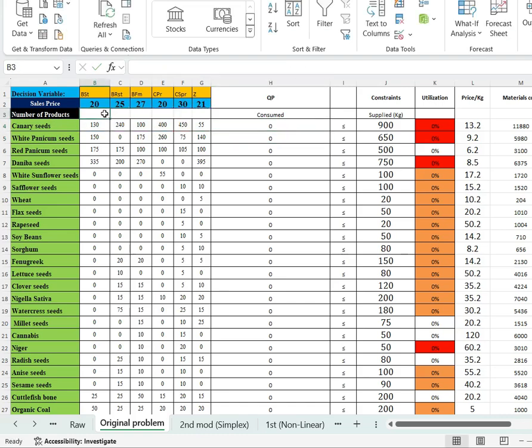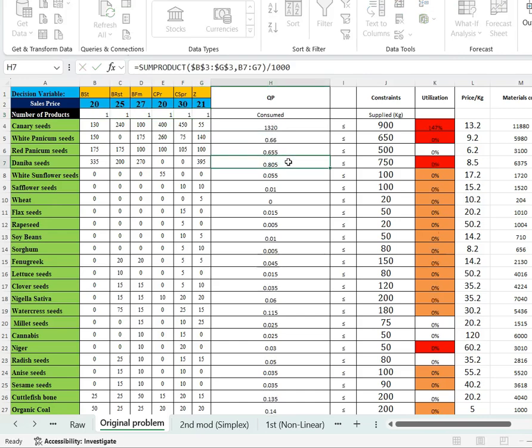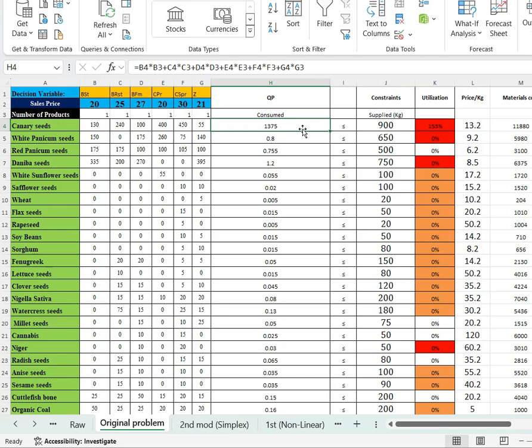So let's put here one, one, one, one, one, and one. Okay, so I will need 1375 grams of canary seeds in order to produce one package of each product. So if I put zero here, what happens? This is the amount to produce one package of these products, excluding of course the first, which I didn't produce, and so on.